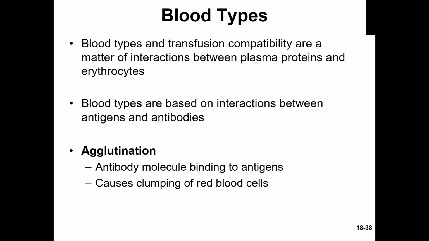For example, and I'll go through this in varying ways and multiple times. If on the surface of a blood cell you have A antigens, that makes your blood type A. Now in the plasma floating around, you cannot have anti-A antibodies, or it will attack you. It will attack those red blood cells and you'll die.